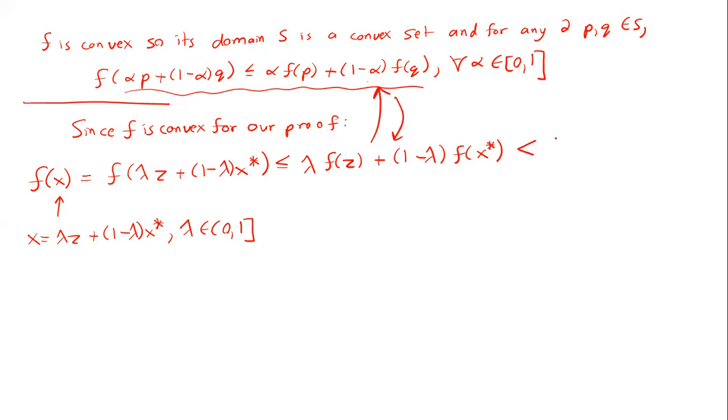And then we would say, okay, well, because f of z is less than f of x star, and the lambda here is between 0 and 1, this must mean that this is less than f of x star, because this part over here would be strictly less than f of x star.